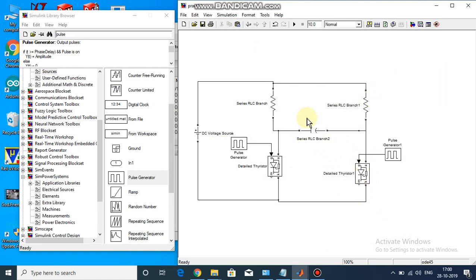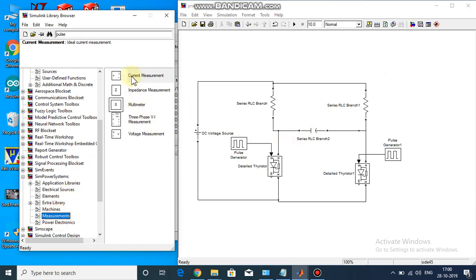Now what we need to do is add the measurement parameters. So here we require a current measurement across the resistor, and we need a voltage measurement block. Current measurement block, remember, across the resistor means we have to connect it in series with the resistor.